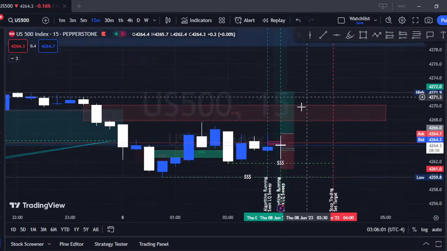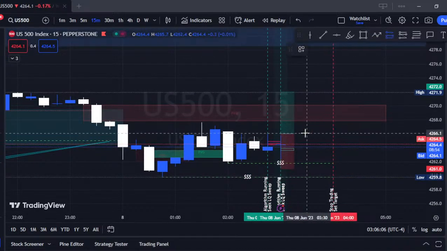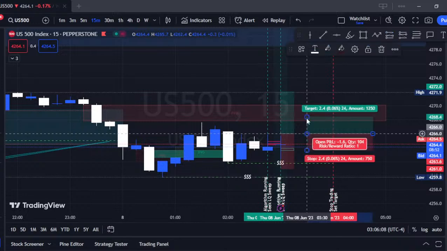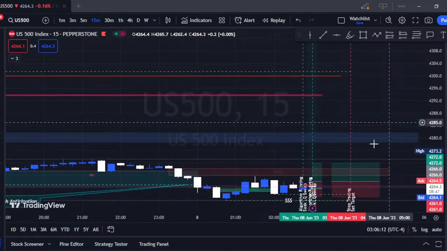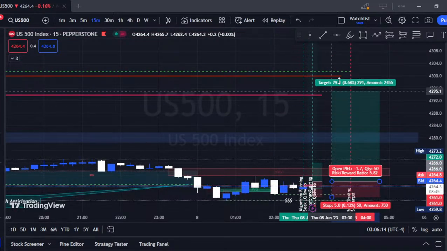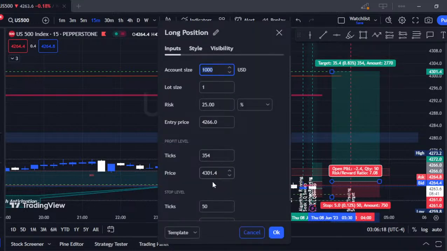I will duplicate this entry and drag the profit to be here, 35 handles. Let's see if we can take this to 300.